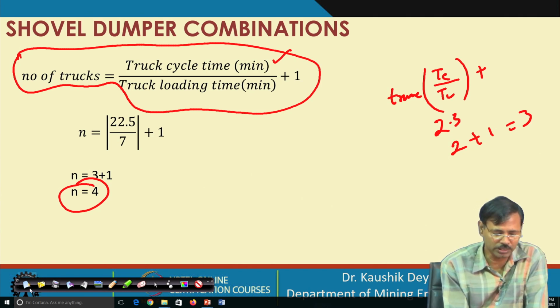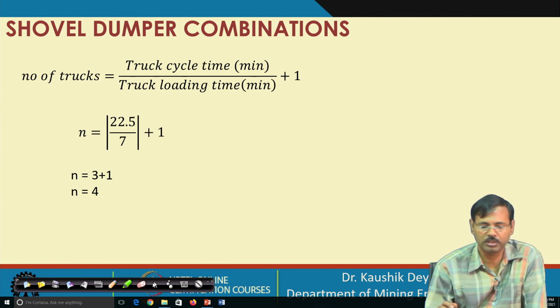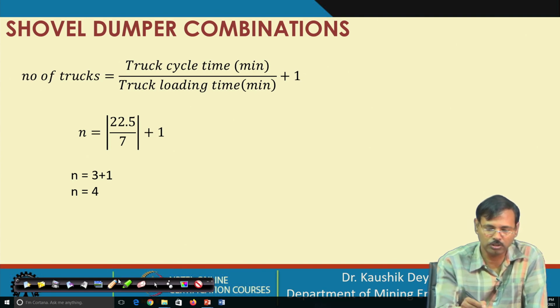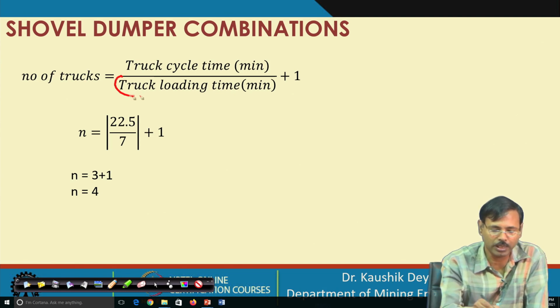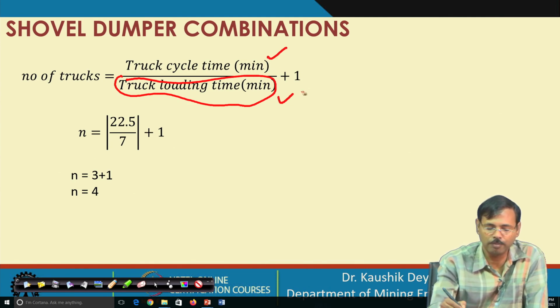So, this is the mathematical formula we generally use to express the number of trucks to be assigned with a shovel. Obviously, it is not depending on the shovel cycle time; the shovel cycle time is a part of the truck loading time, but basically it depends on the truck cycle time and the truck loading time.